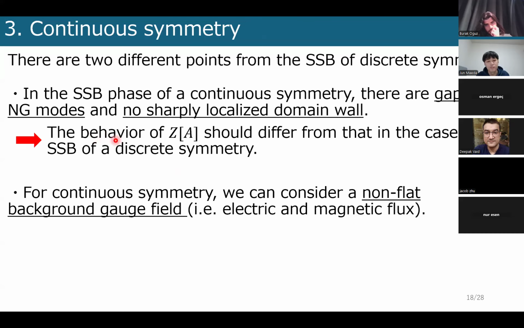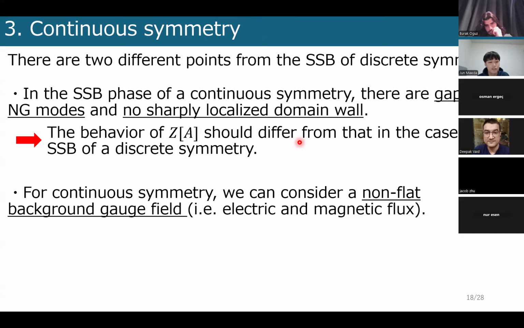In the case of discrete symmetry, the behavior of the twisted partition function comes from the domain wall contribution. So this implies the behavior of the twisted partition function in the SSB phase of continuous symmetry should differ from that in the case of discrete symmetry.